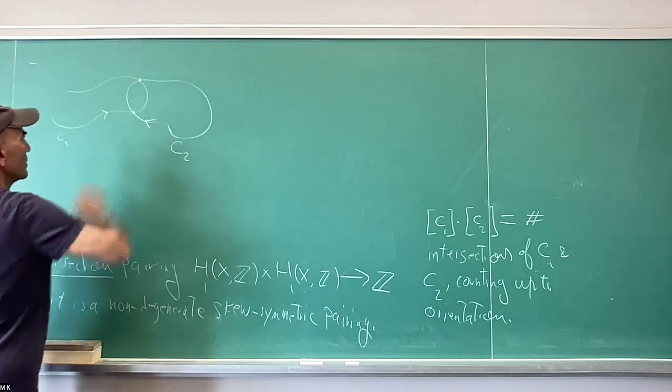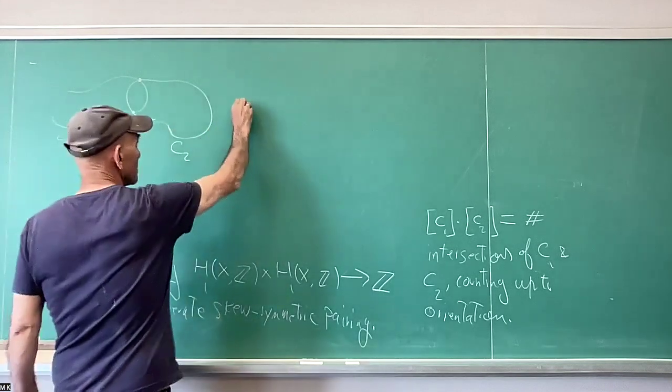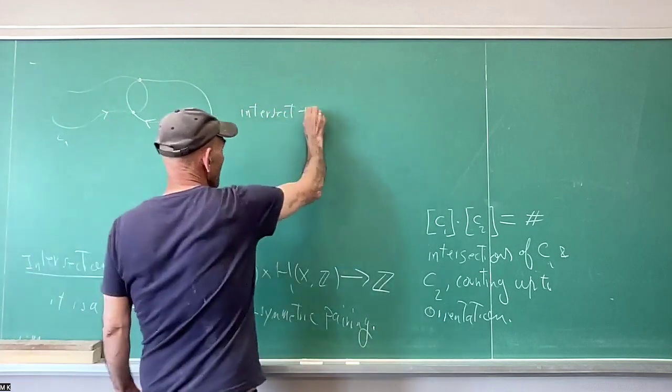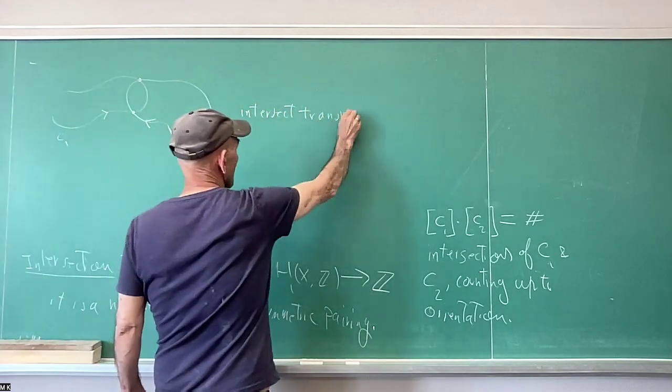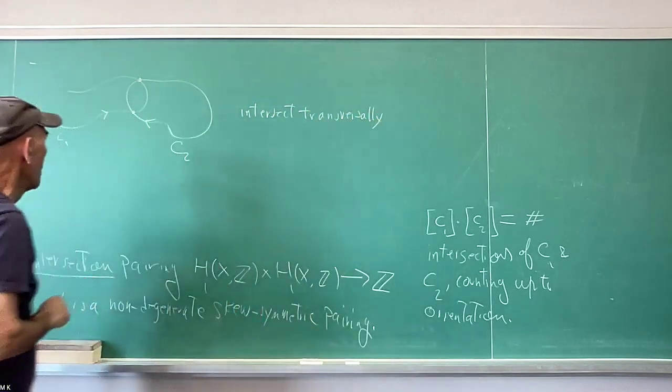Okay, when you look at this point, we make sure that they intersect transversally. What does it mean?